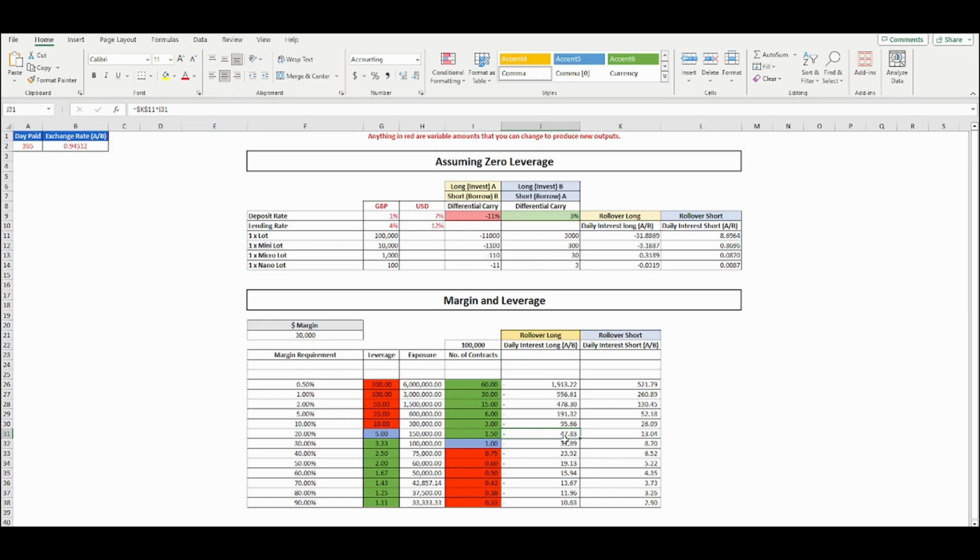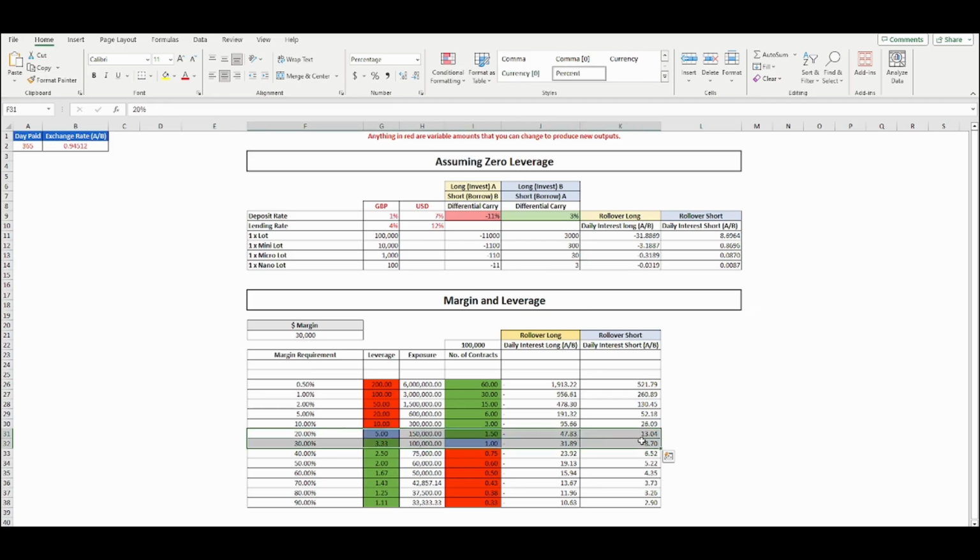So we can already see an improvement in the numbers there. As well as if you were to go short this exact same currency pair, the daily interest that you would be getting paid is 13.4 units in currency. Even though the numbers are essentially less, it is a lot safer.